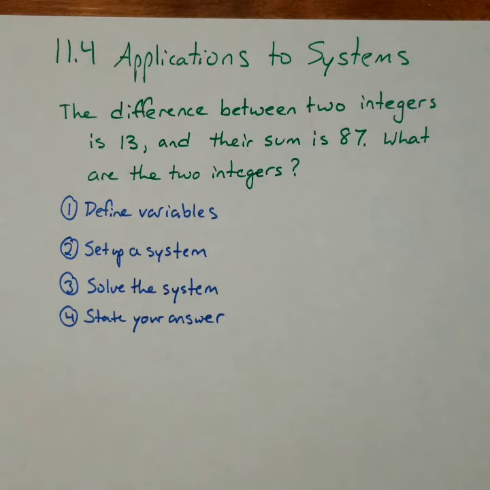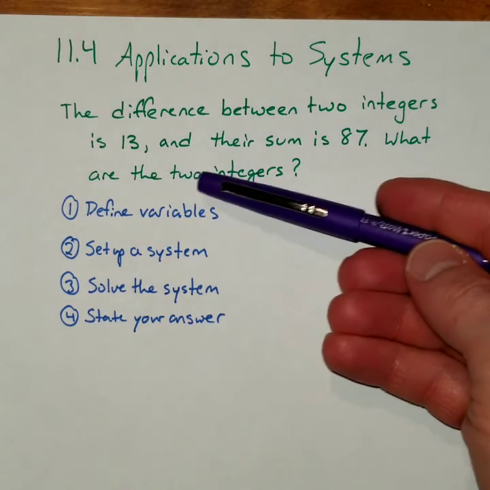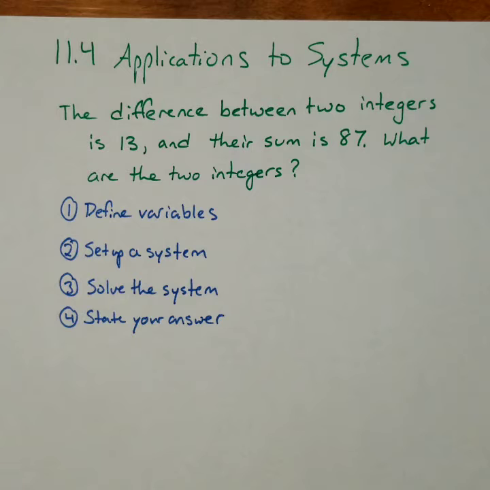So in this first problem, it says the difference between two integers is 13 and their sum is 87. What are the two integers? And so the first thing I need to do is figure out what is it asking me to find. In the question part, it says what are the two integers. So there's two numbers I need to find, two integers.